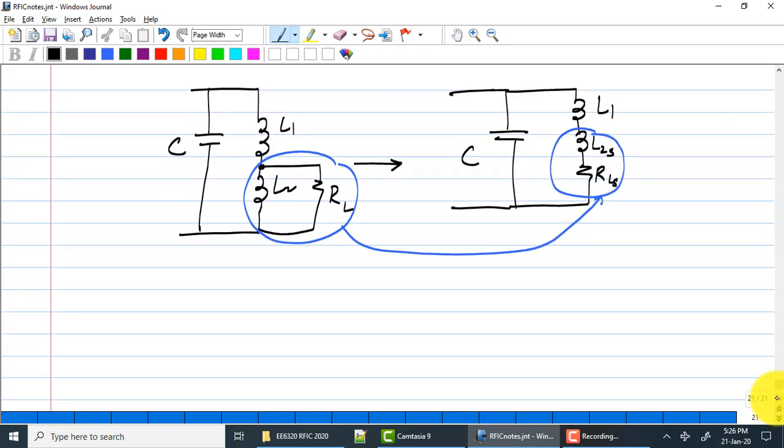You combine L1 plus L2S. This is now a series combination. That would now become a fully parallel combination.